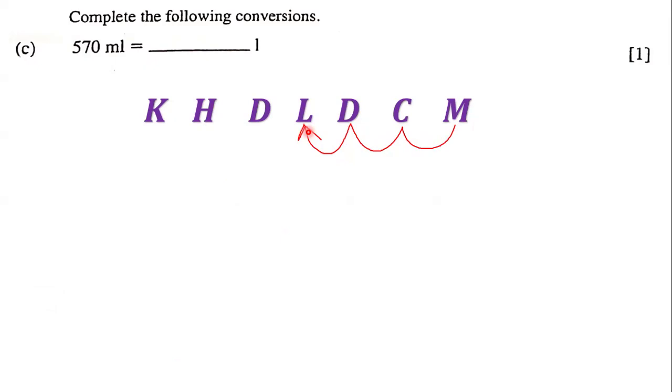0.57. Very good. 0.57. And so what we have here is again 0.57. We move 1, 2, 3. And so that means that we're going to take our 570 and move it over 3 times. 1, 2, 3. And now we have 0.570. Again, we don't have to keep the 0 at the back if we don't want to.